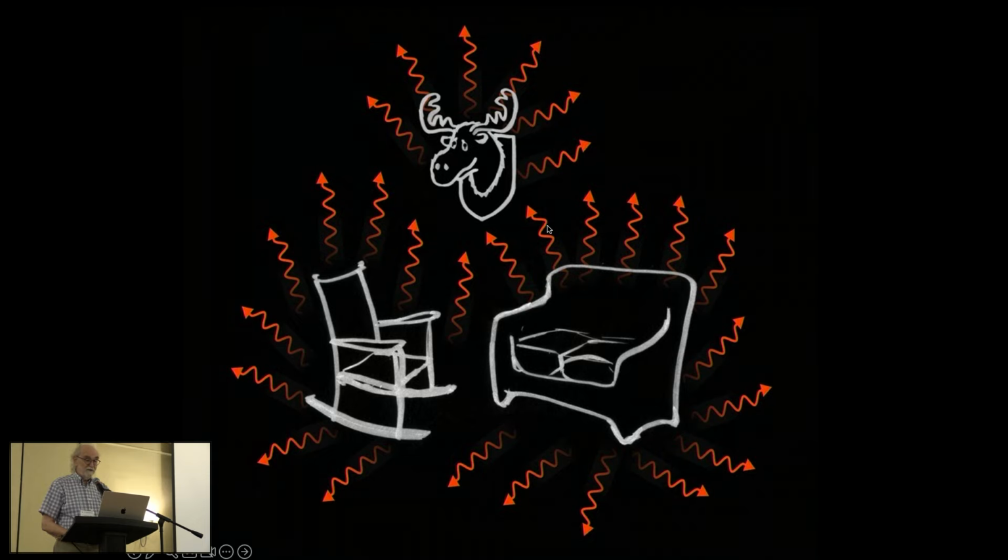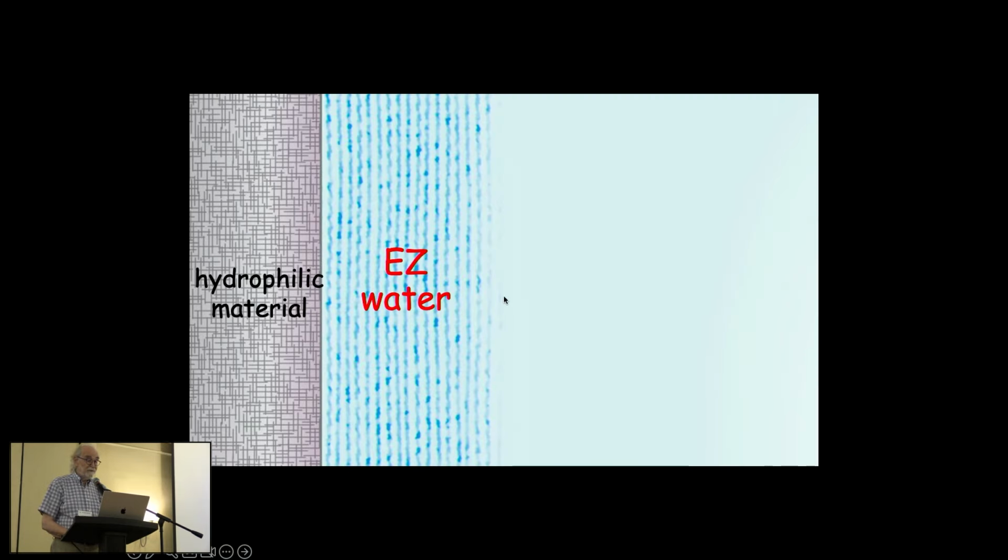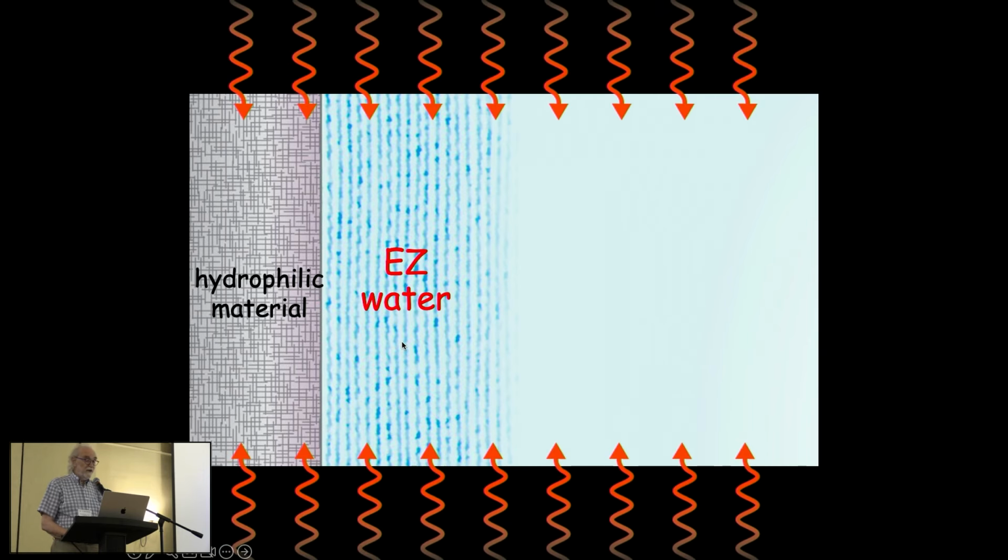So the energy is all over the place, and therefore, if you have a hydrophilic material sitting next to water, since the energy is available to propel the conversion, you have a fair amount of easy water. And if you were to add more infrared energy, then it grows.